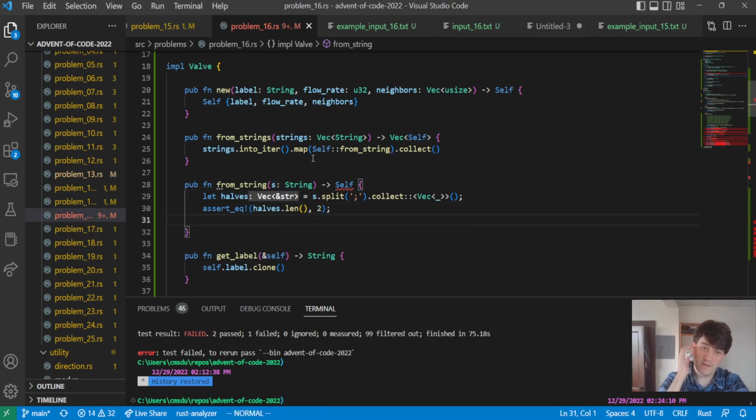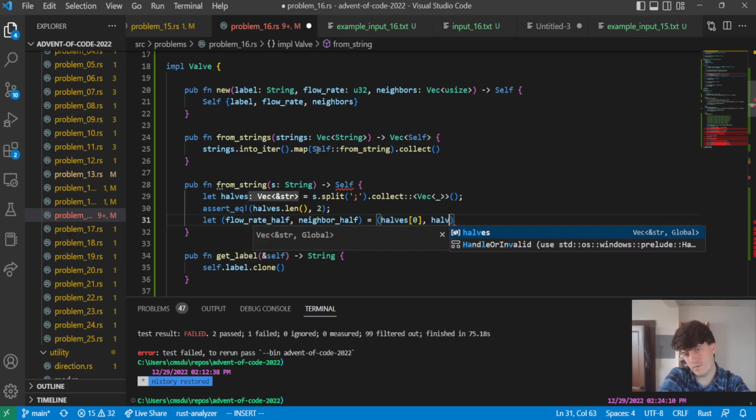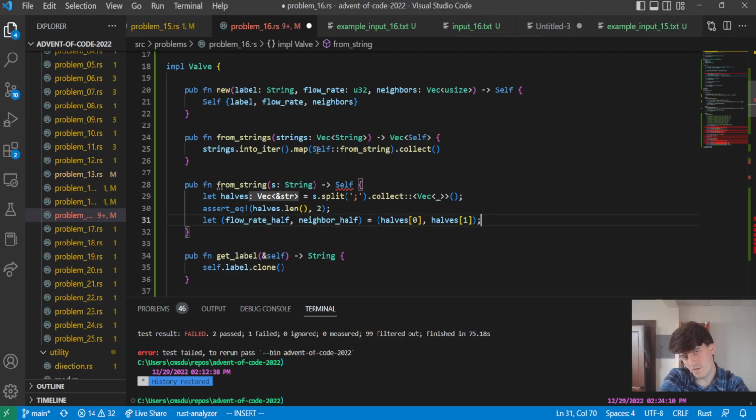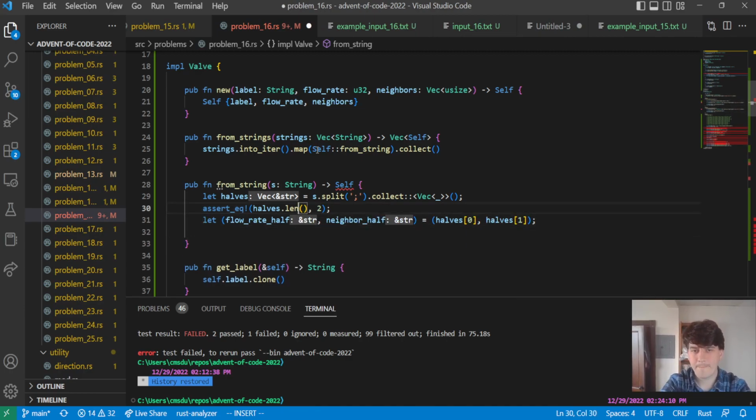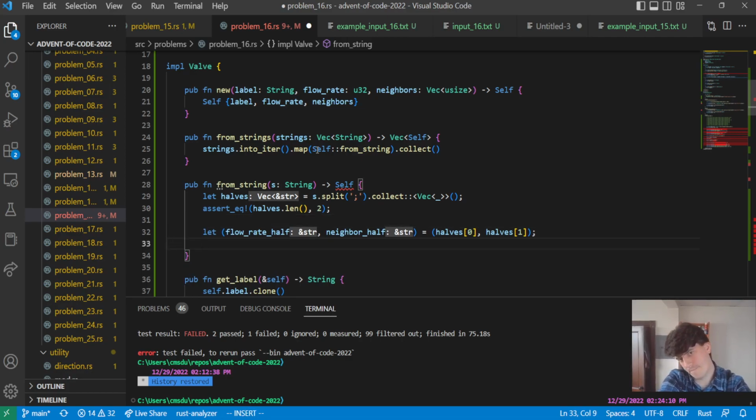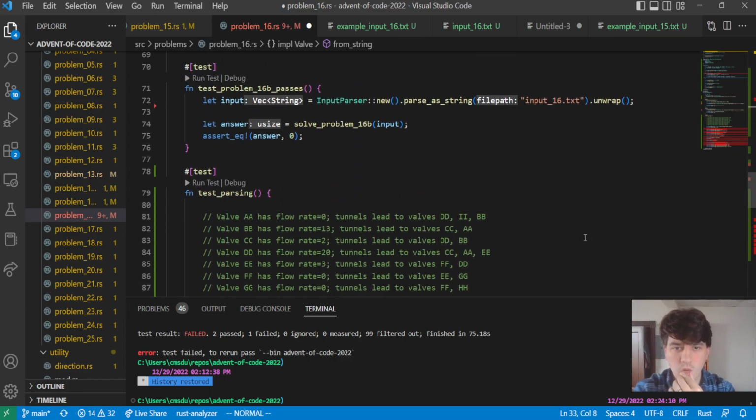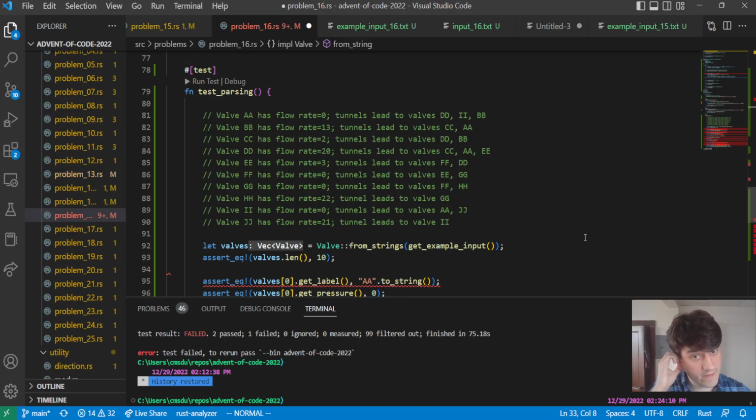And then string, we split in half, we check that there are 2 of them, we say let flow_rate_half, neighbor_half be halves[0], halves[1], and now valve, okay.